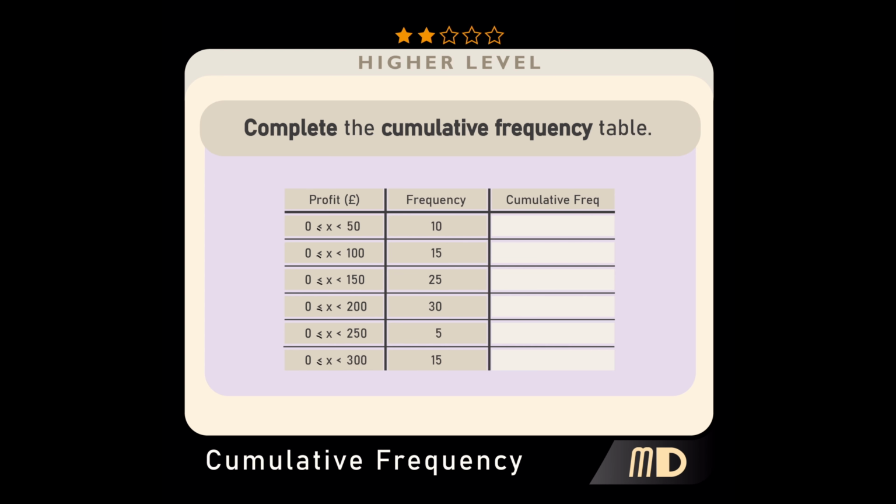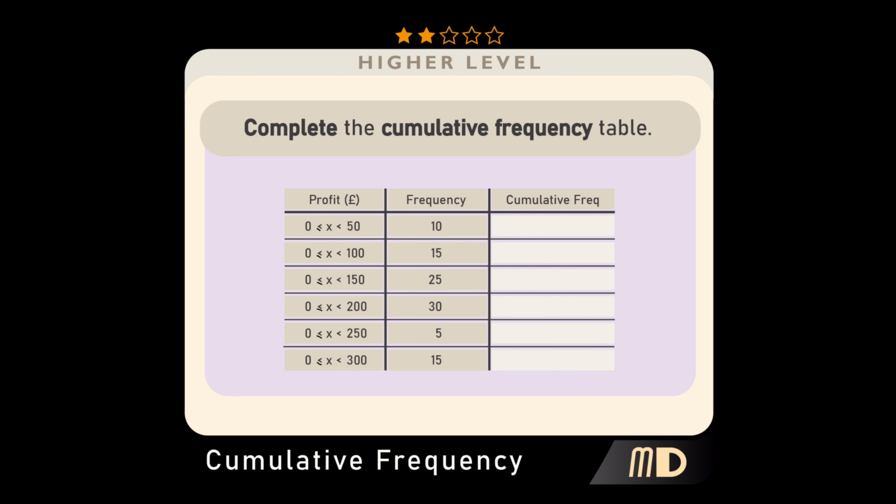The cumulative frequency table is similar. The intervals increase by £50, but also include all of the values in the preceding rows. To complete the cumulative frequency column, we need to add the frequency of the current group to the sum of all the previous frequencies.